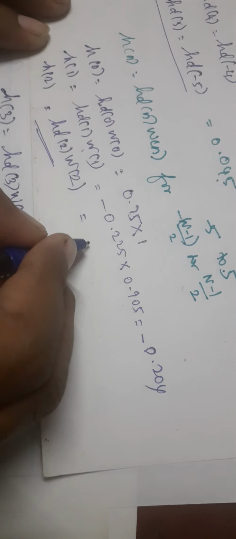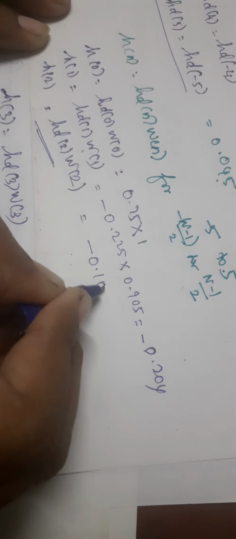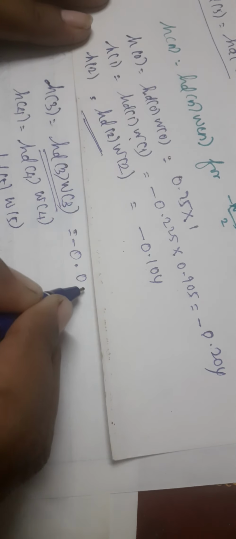H of 2, multiplying these two values, you get the value of minus 0.104, and h of 3 value, multiplying these two values, it is minus 0.026. These two values are 0.